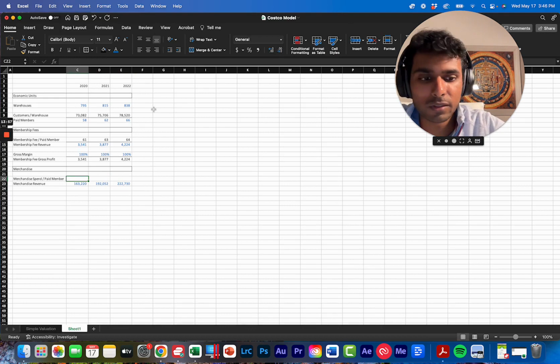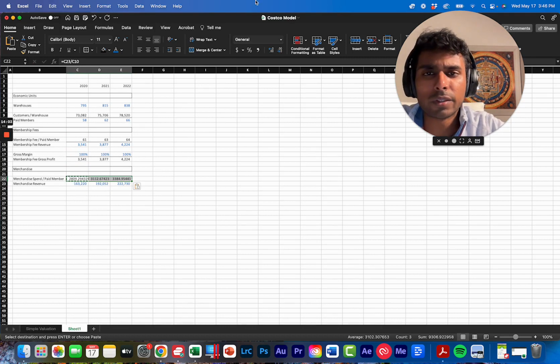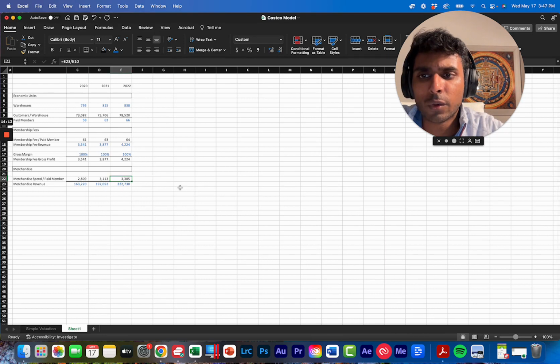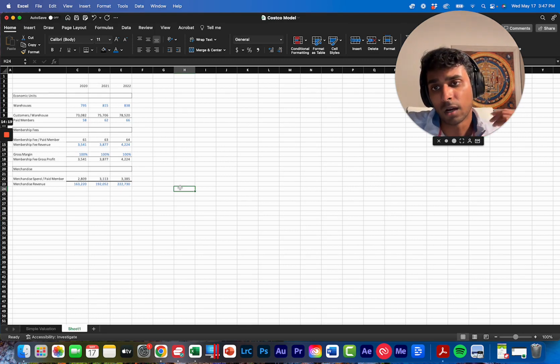Okay, now we can calculate what the spend per paid member is. Right, so this is telling us that on average, a member at Costco spends $3,400, right? And that includes that a lot of their locations in the U.S. have gas stations, so it's not just grocery spend.